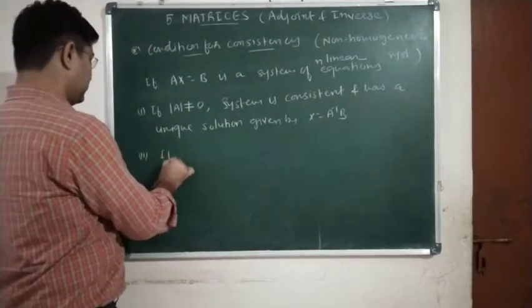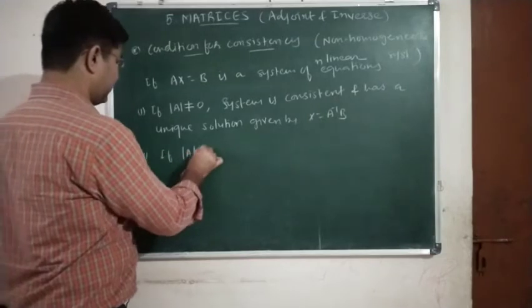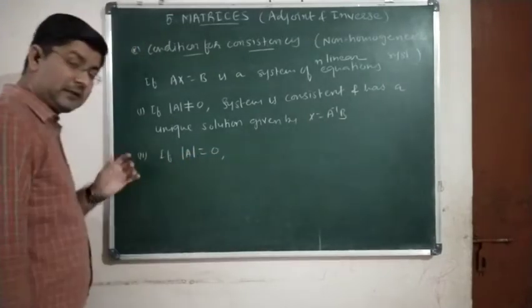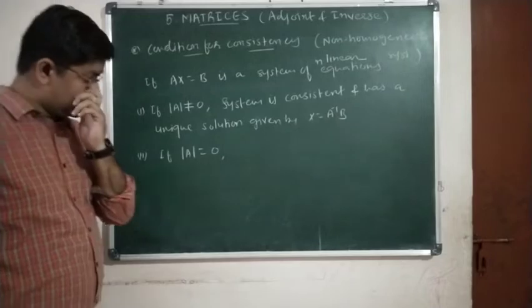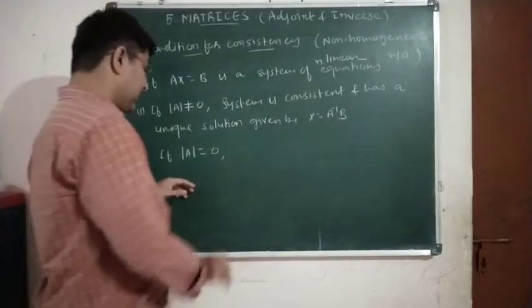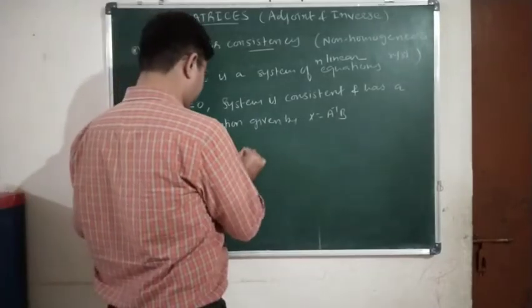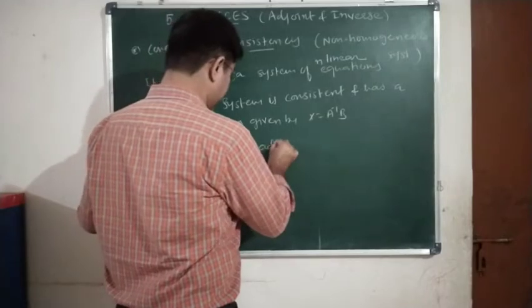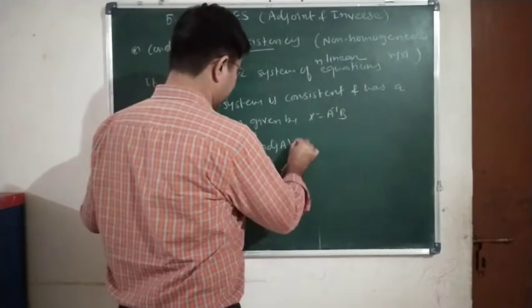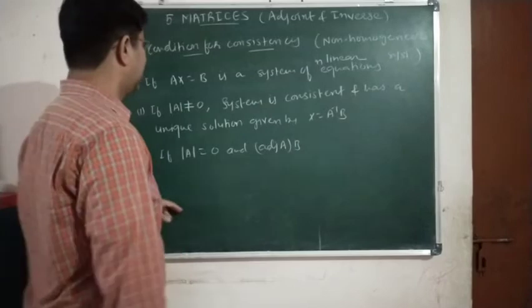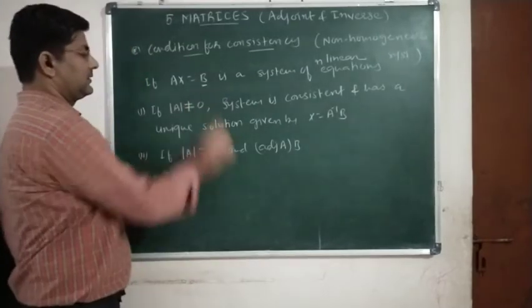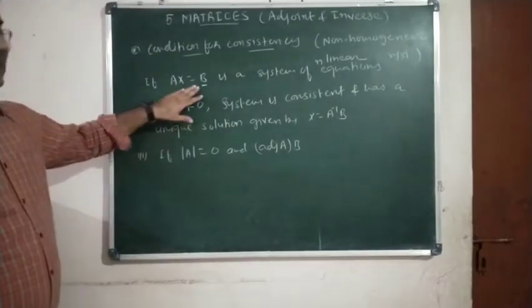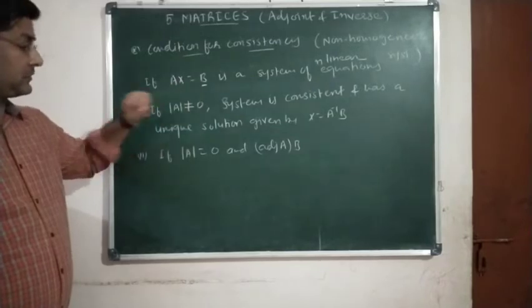Number 2, if determinant of A is equal to 0, that is, matrix A is a singular matrix, and adjoint of A into matrix B. Now we know what is matrix B in the equation: the matrix on the right hand side of the equal to sign.